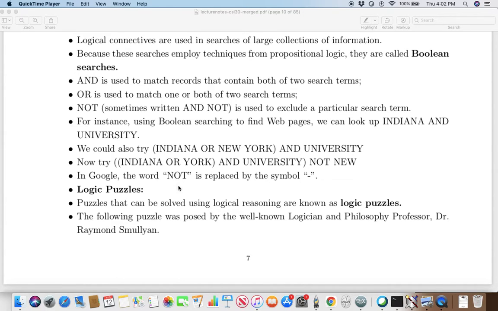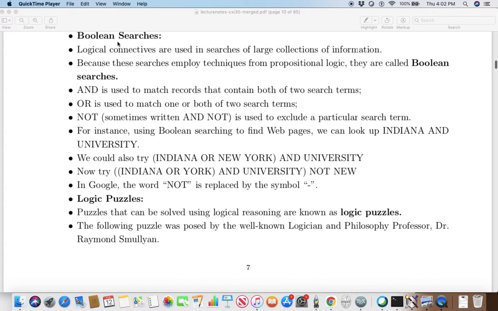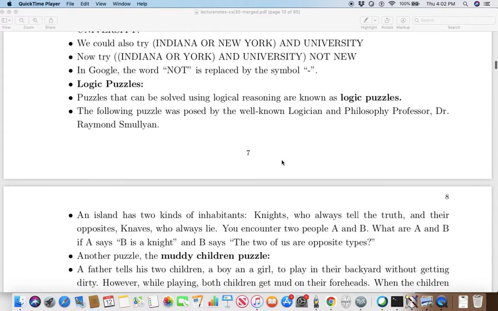In Google, the word NOT is replaced by the symbol dash. You might want to try this on your web search. So here are examples of Boolean searches.